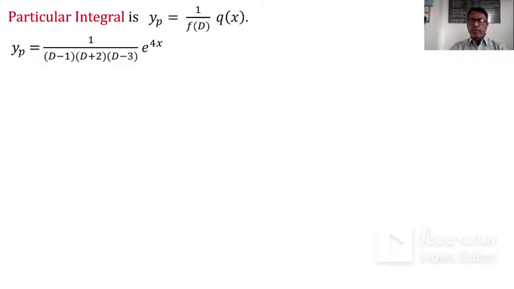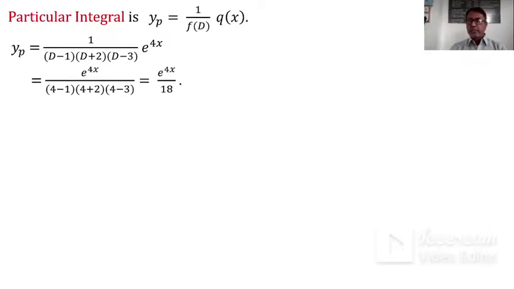Now here directly, we compare this with 1 upon f of D operating on e to the power ax. Here a is 4. If we substitute D by 4, the denominator is non-zero. Therefore, we directly substitute D by 4 using our theorem 1.